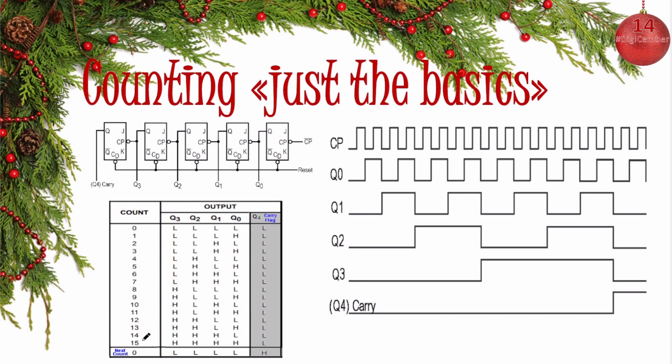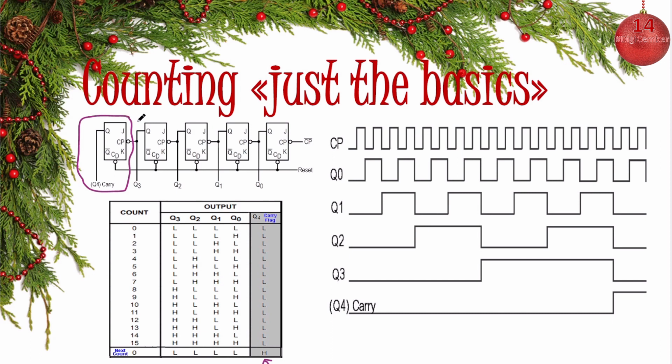And we also take into consideration that if you are counting longer than the 4 bits that we have here, you do have a carry flag. You do need to know when you have an overrun here. And that is the 5th bit that is presented here. It's the carry bit or carry flag.